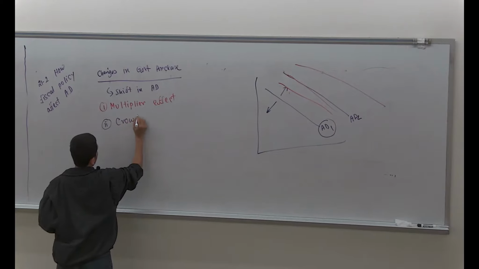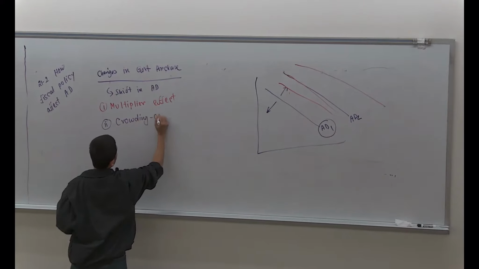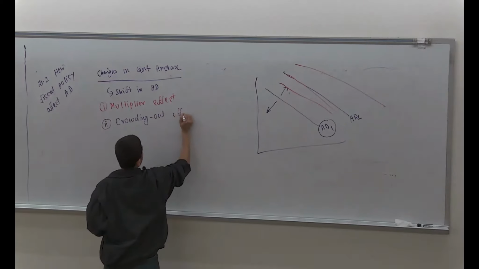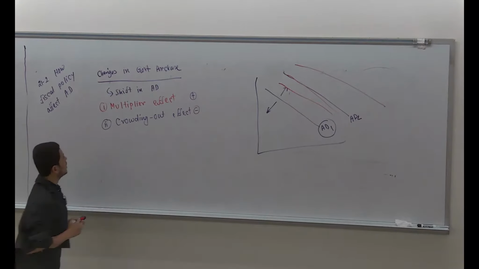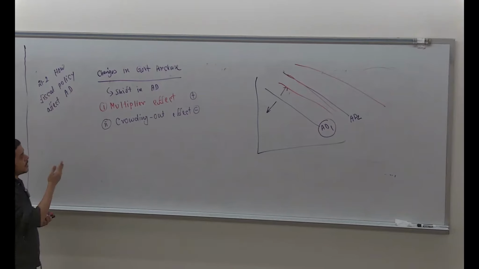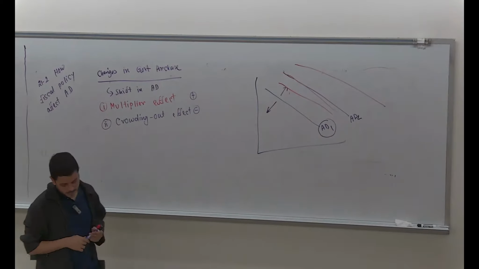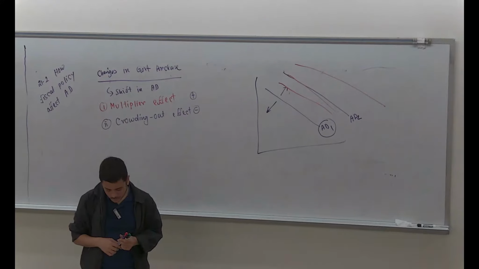The first one actually is positive. The second one is like a negative effect. How much it will shift depends on these two variables, multiplier effect and crowding out effect.